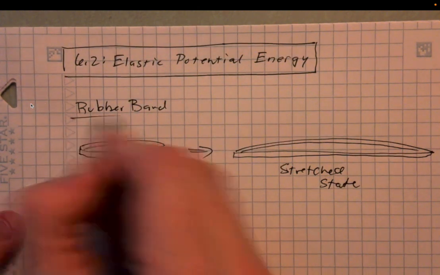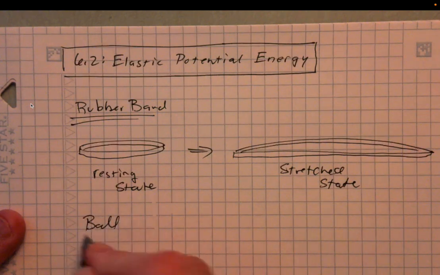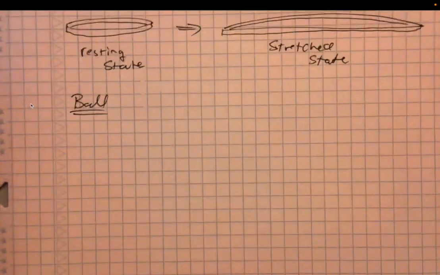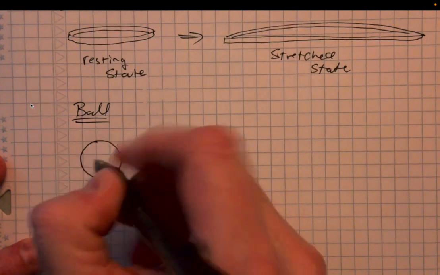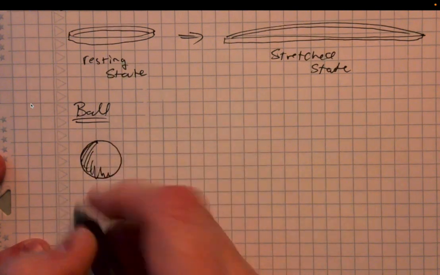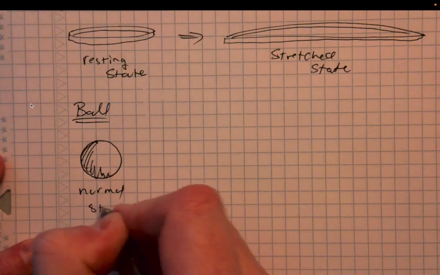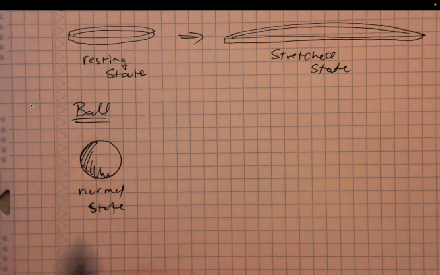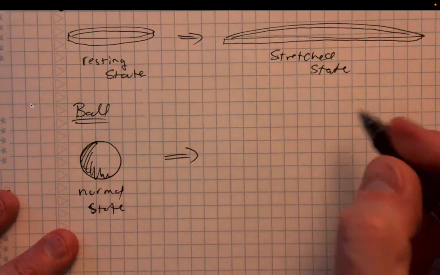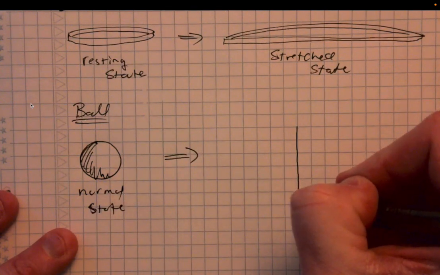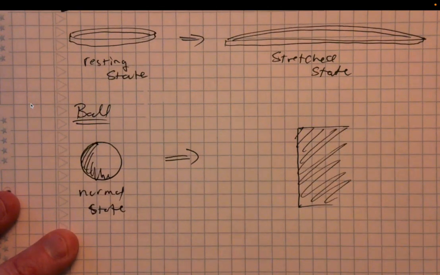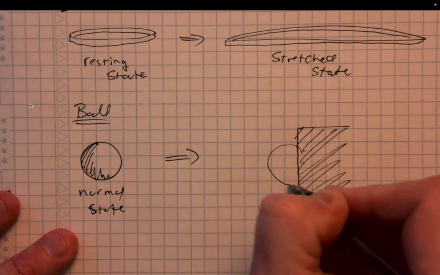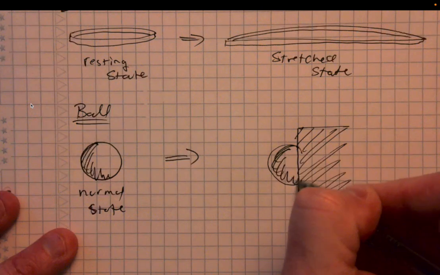Another example would be a rubber ball. Take a tennis ball or a springy rubber ball. In its normal state, it's spherical, it's going to look like a sphere. But if I were to throw the ball very hard against a solid object like a wall, then what you would see is that the wall will deform the ball.